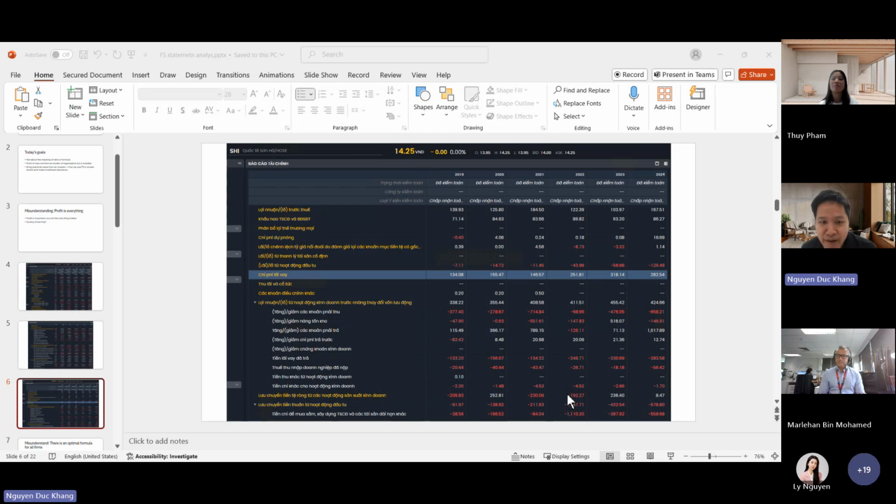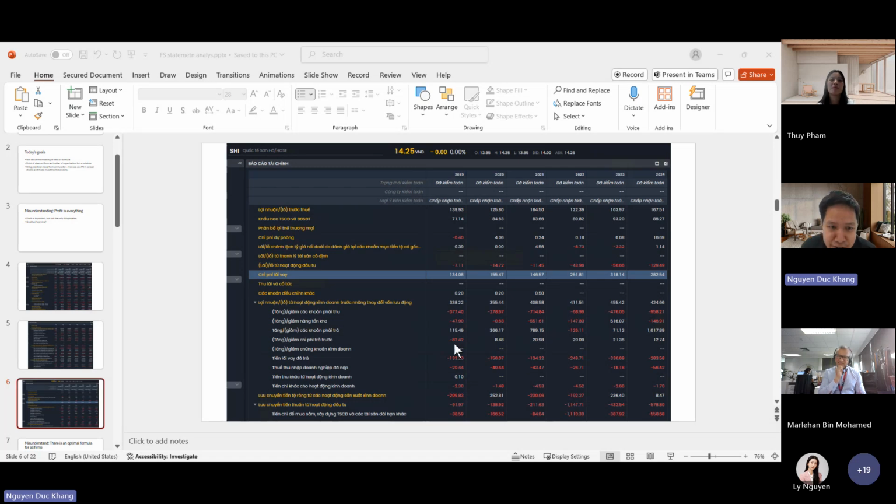For this kind of company, we can clearly see that they can still record profit and they have increasing revenue, but the point is that their working capital is increasing. I must say, crazy, especially the account receivable.